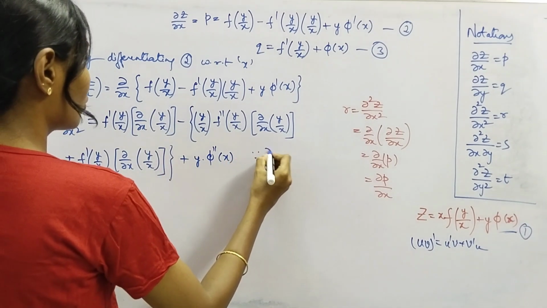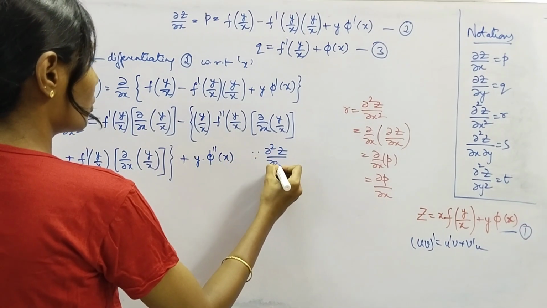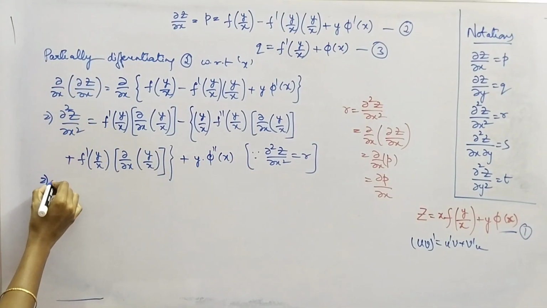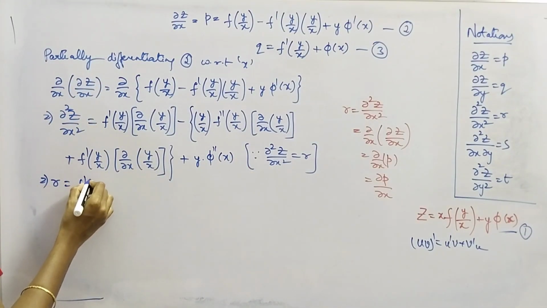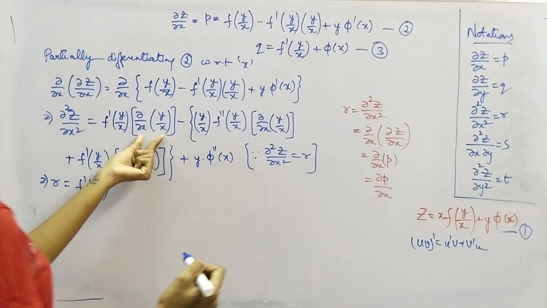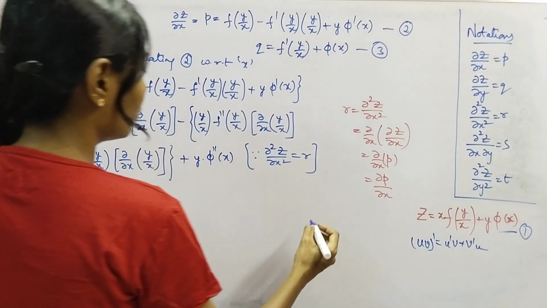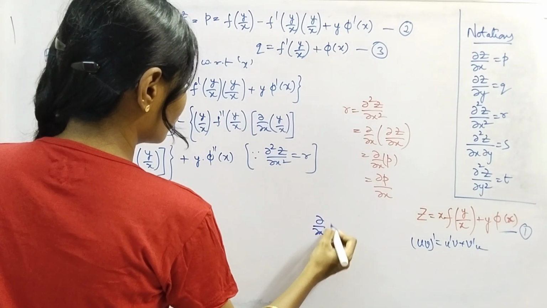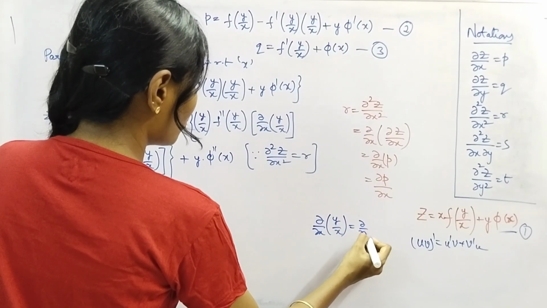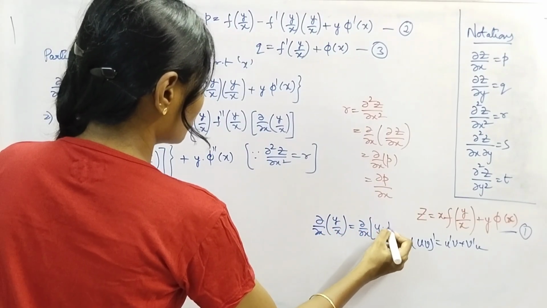Since we know that ∂²z/∂x² is equal to r, just replace the LHS by r, you'll get r equal to f'(y/x) into the partial derivative of y/x. You can write y/x as y into 1/x.